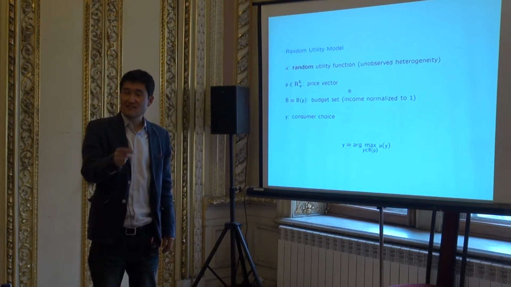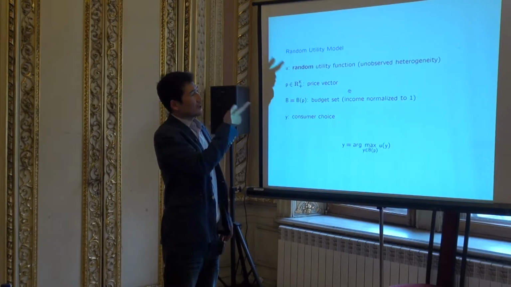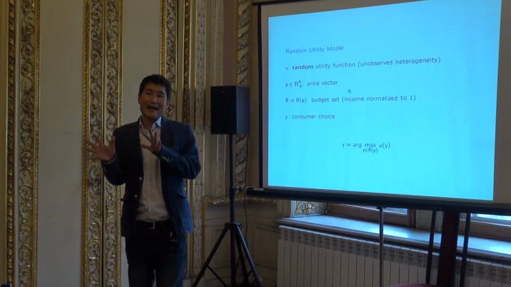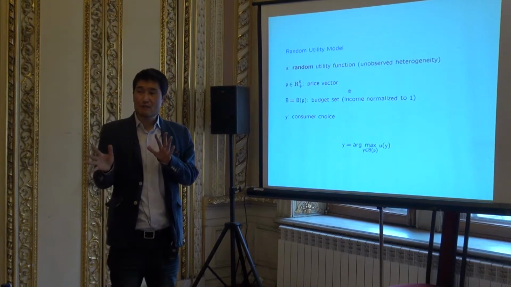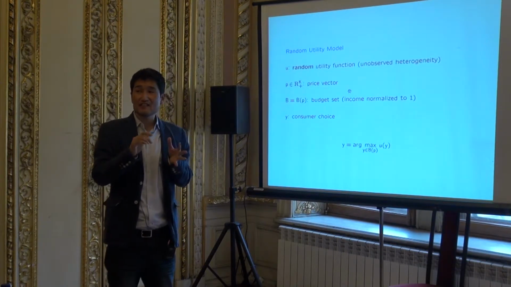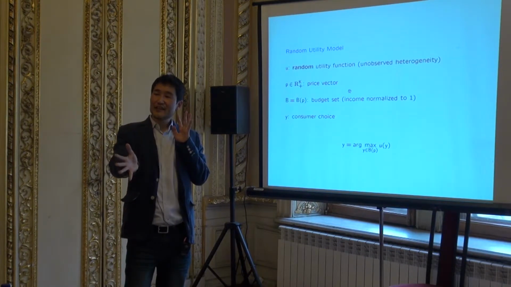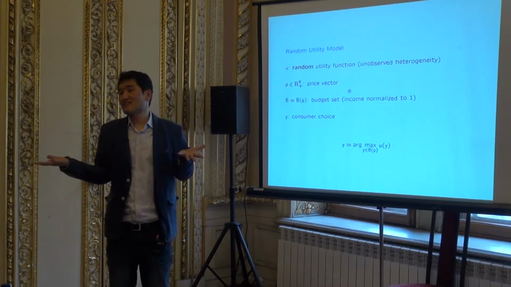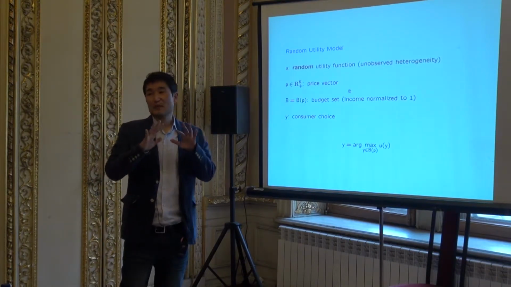So that's usually the term that represents unobserved heterogeneity. And sometimes people allow a richer space for the unobserved heterogeneity, meaning that sometimes people estimate a linear model and assume that the coefficients are all random, and that's called a random coefficient model.